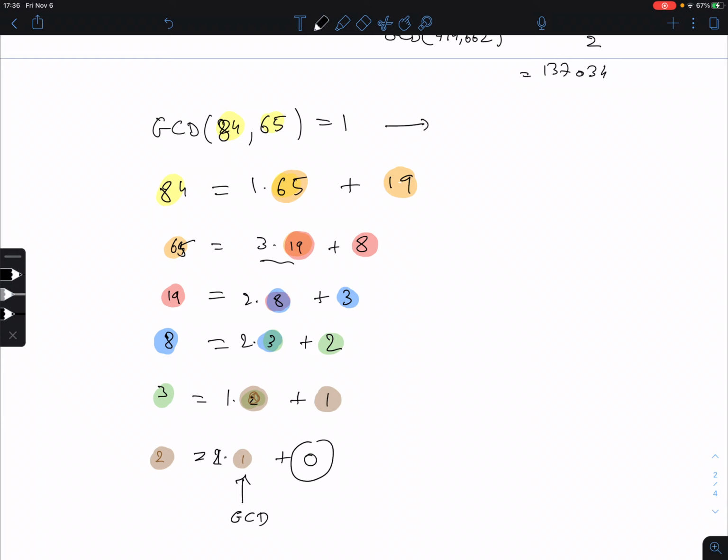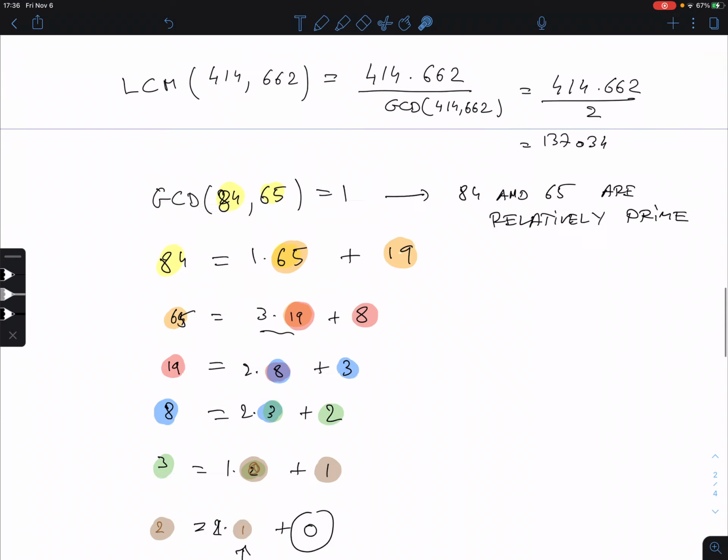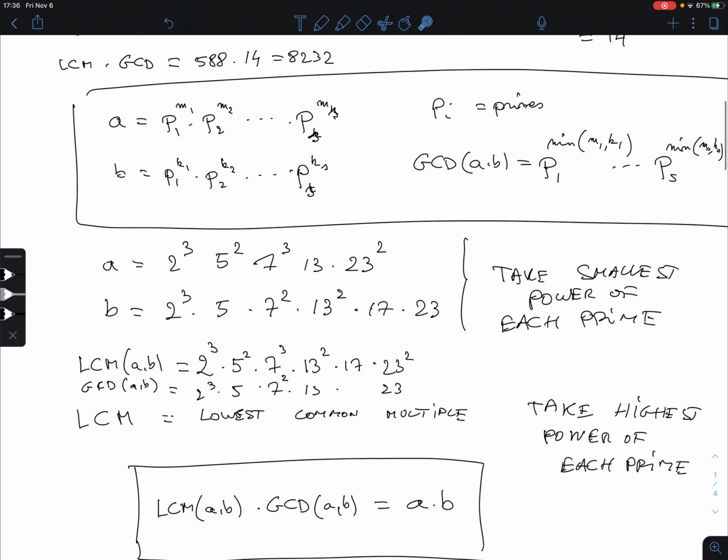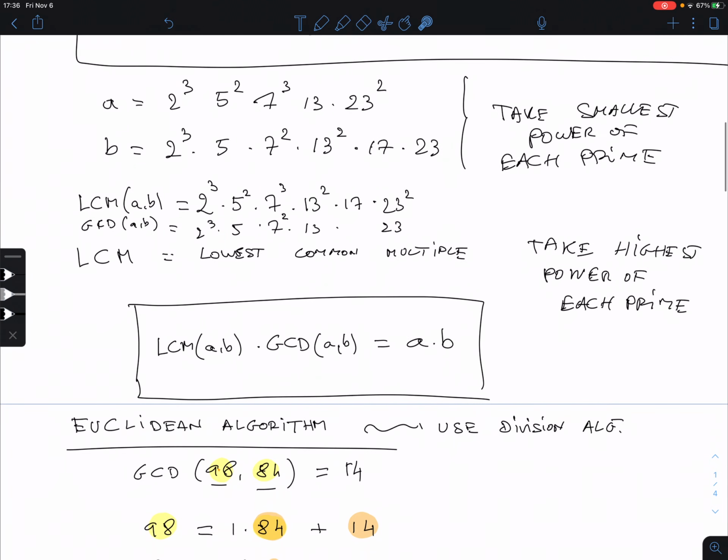And we say that 84 and 65 are relatively prime. What does it mean? Let's think about what the prime is doing there. Let's think about the prime factorization of these two numbers. What it tells me is they cannot have anything in common. Because if they have anything in common, by my principle of taking the smallest power, at least that one would occur in the GCD.